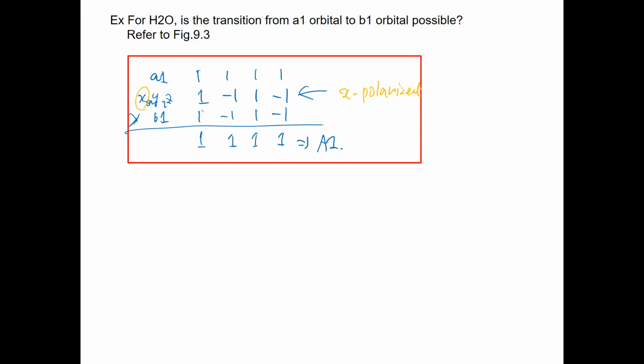However, please keep in mind that there are some rules for molecular orbitals, and there are criteria to understand whether the transition is possible or not, or whether the overlap of molecular orbitals is possible or not, based on group theory.